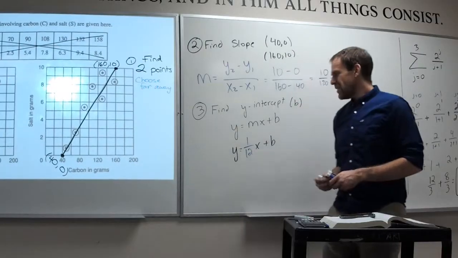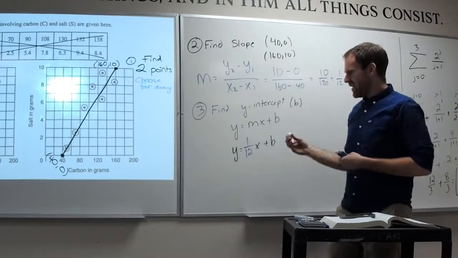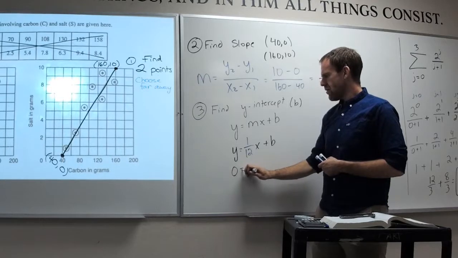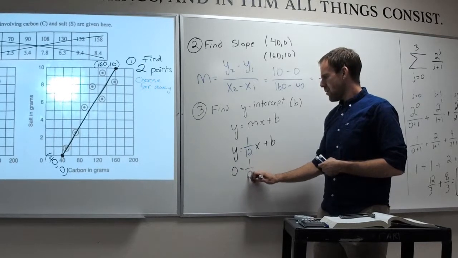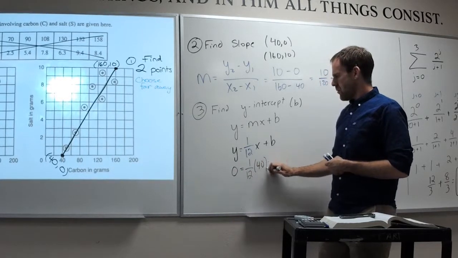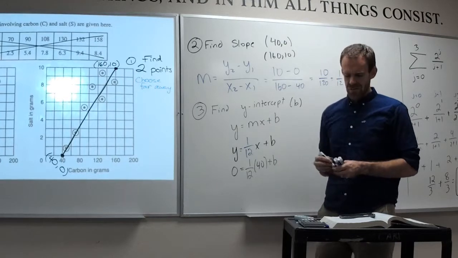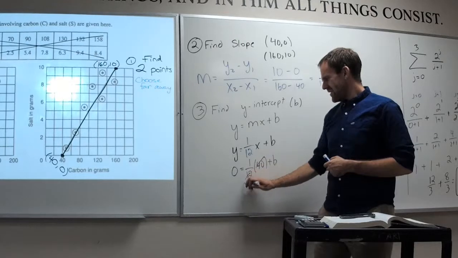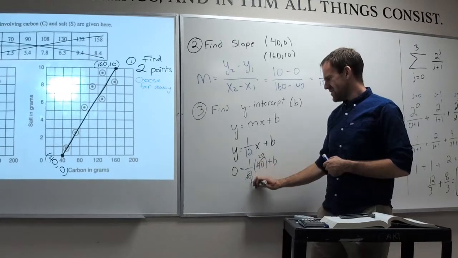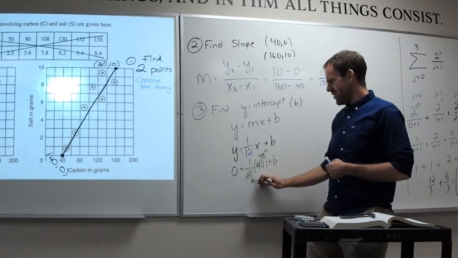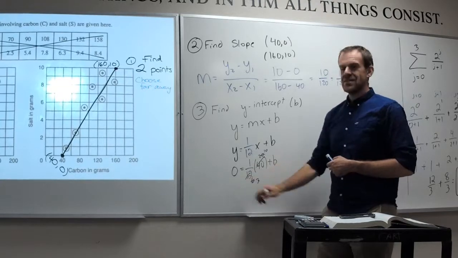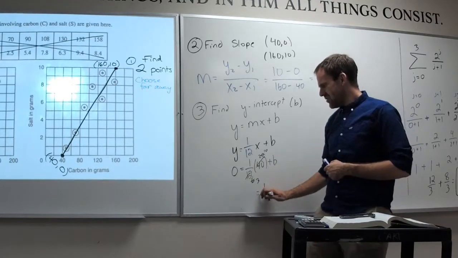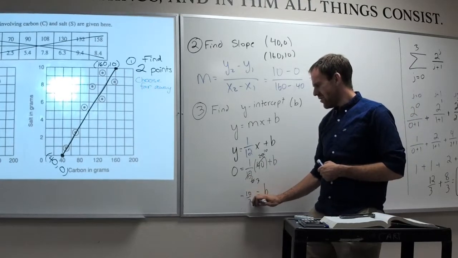Finally, we are going to plug in this point, (40, 0), and solve for b. We can cancel. That looks like 20 over 6, or 10 thirds. Subtracting 10 thirds from both sides, b equals negative 10 thirds.